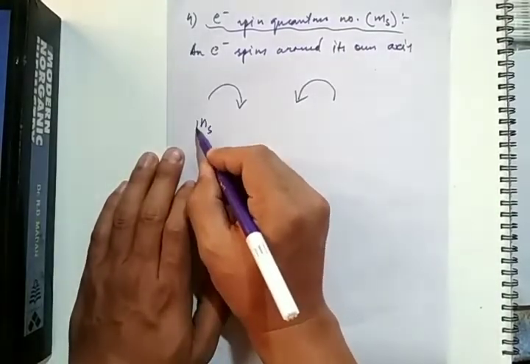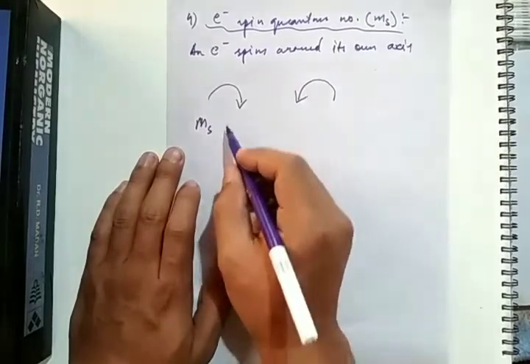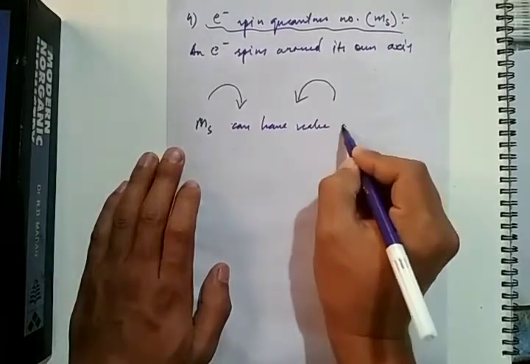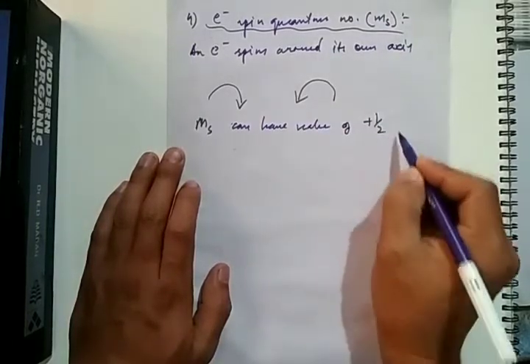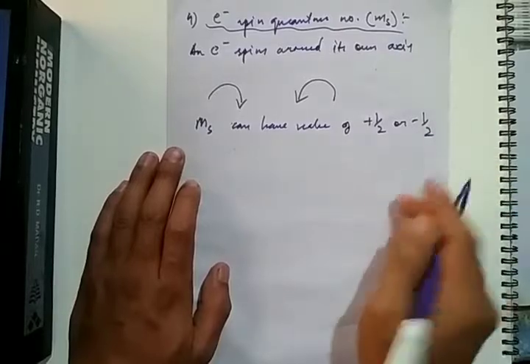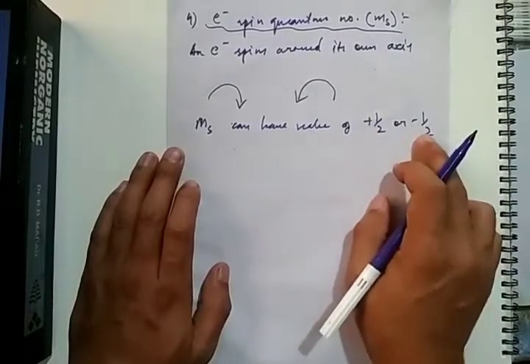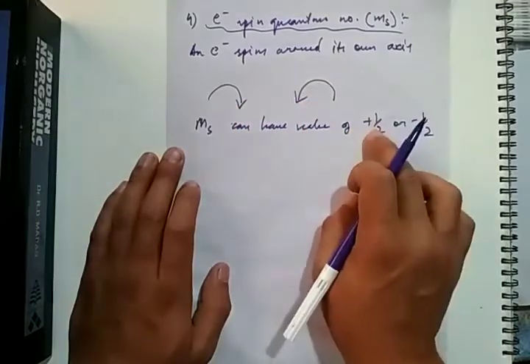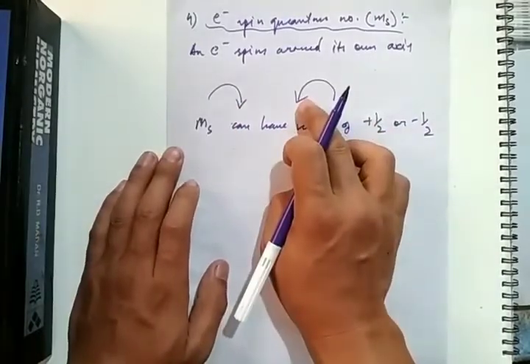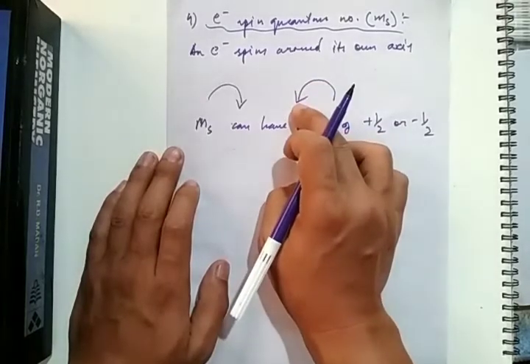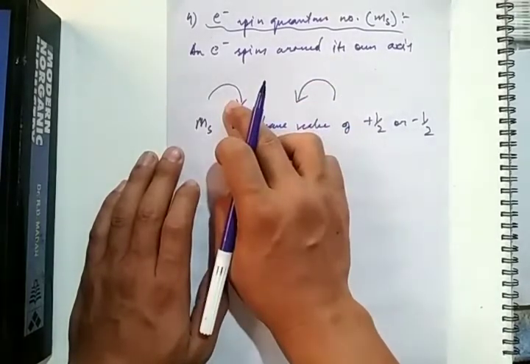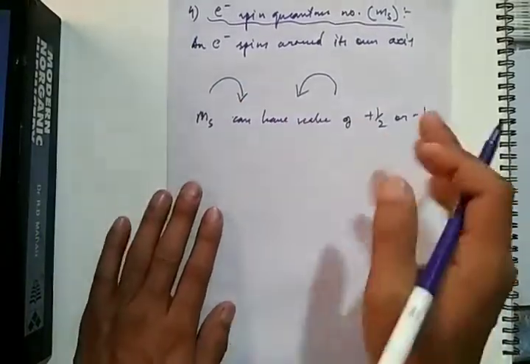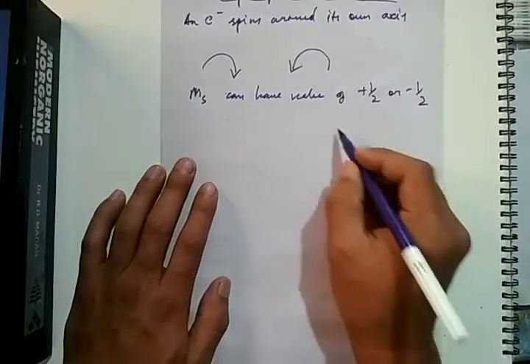So this ms, the spin quantum number, can have a value of plus half or minus half. We can assign plus half or minus half for clockwise or anti-clockwise. If you assign plus half for anti-clockwise, then you need to assign minus half for clockwise. So it depends on you to assign this.